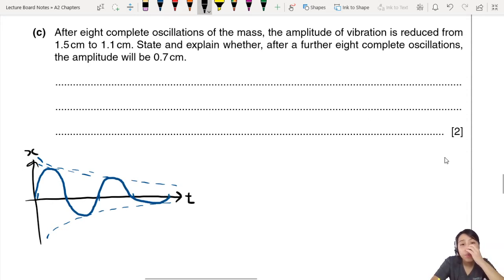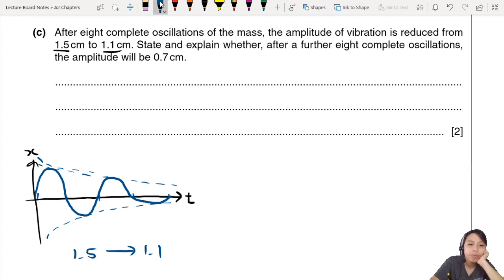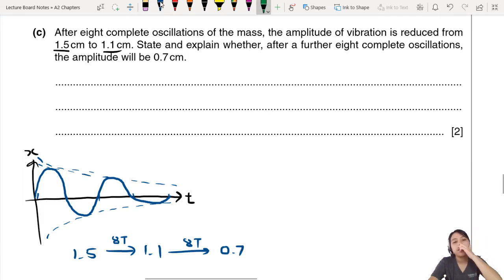But what did they suggest? 8 oscillations from 1.5 to 1.1. So that means 1.5 to 1.1. Okay. 8 oscillations later, 1.1 to... Will it be 0.7? I don't know. What is the factor here? Well, if you look carefully, they are saying after 8 cycles, your amplitude will decrease by 0.4.